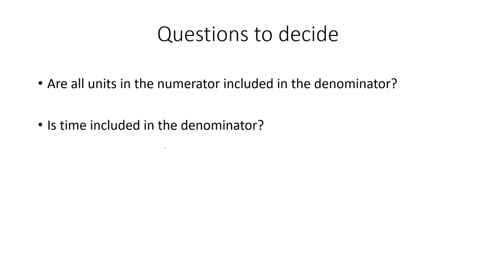Whenever you have person time in the denominator and new cases in the numerator, that becomes incidence density. And if it's a closed population and you take all the people who were included in your study at baseline in the denominator, and out of those, how many new cases cropped up, that is cumulative incidence.